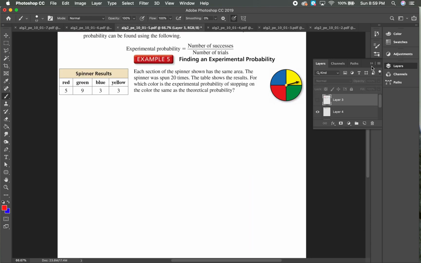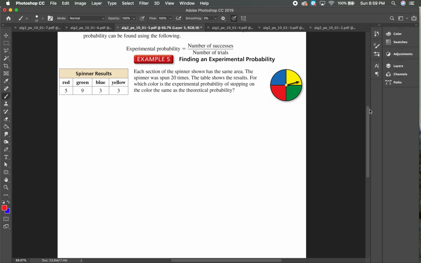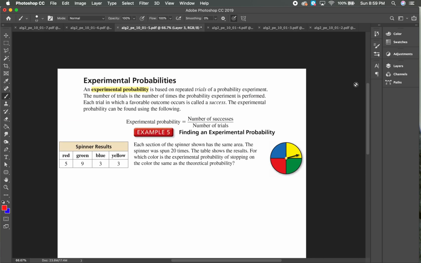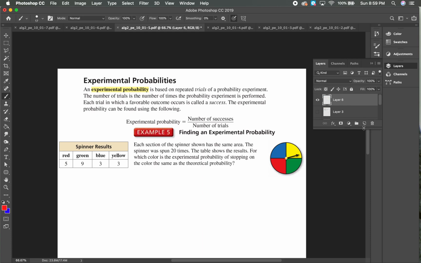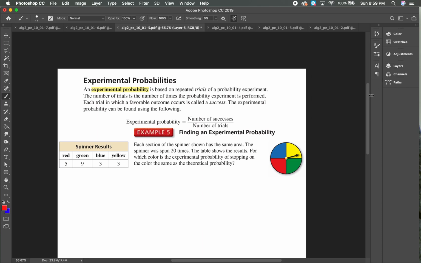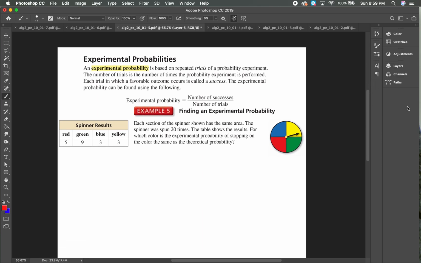All right, our next type of probability is experimental probability. Experimental probability is really where you take theoretical probability and you go ahead and do trials. As I said, experimental probability is based on repeated trials of a probability experiment, such as rolling dice, flipping a coin, picking a card from a deck.